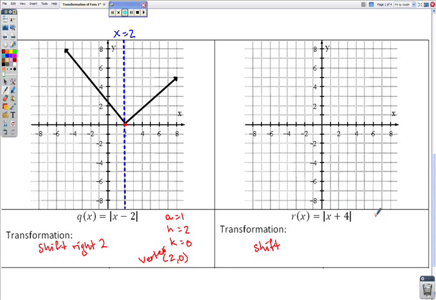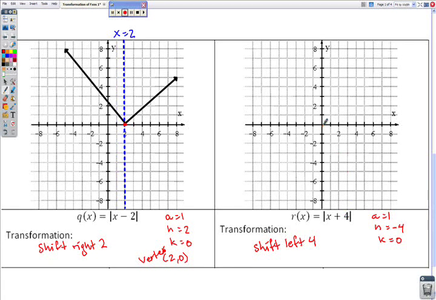Here, a is 1, but now h had to be negative 4, because that's the only way we can change this negative sign into a positive. We subtract a negative, that's the same as adding a positive. So h was negative 4, and then k here again is 0. Now, negative 4. If I'm at the origin, the negatives are to the left, so that's a shift to the left. I'm going to go left 4.